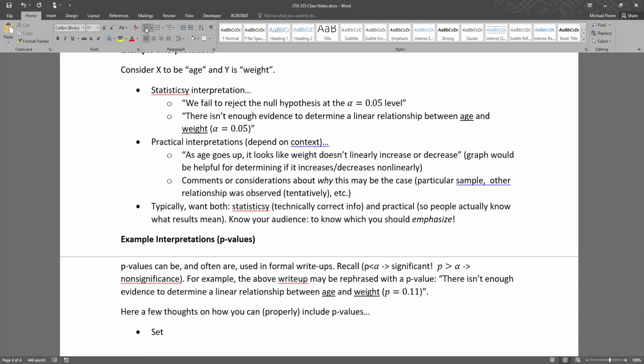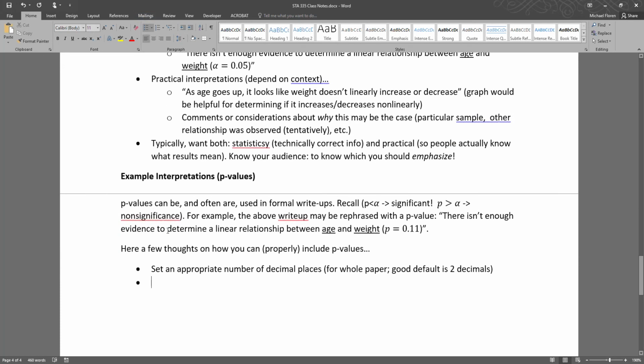So first step when you're including p-values is, for your entire paper, not just for this section, but for virtually everything in your paper, set an appropriate number of decimal places that you want to go out to. A good default is 2 decimal places. This is the APA default standard. If you have a good reason, you can change this, but make sure you have a good reason to do so.